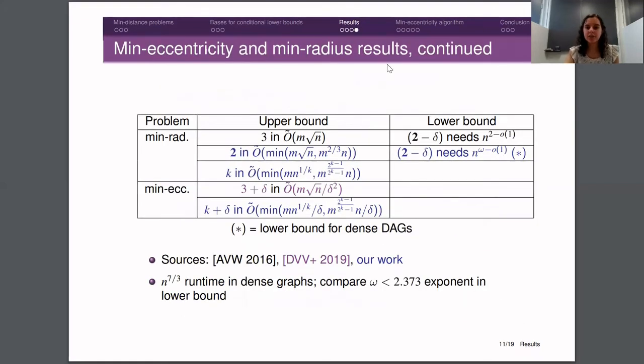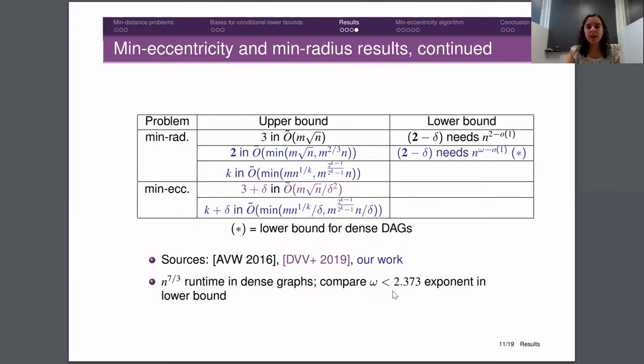So here's a chart that summarizes all of that. So here's our tight min radius result, and then lower bounds for min radius are also lower bounds for min eccentricities, because min radius is pretty much strictly easier. And you can see why this is tight in dense DAGs, because here we have this m to the 2/3, and if you substitute m is order of n squared, you get n to the 7/3, so that's the runtime in dense DAGs.